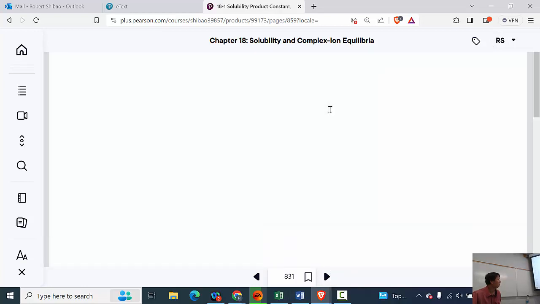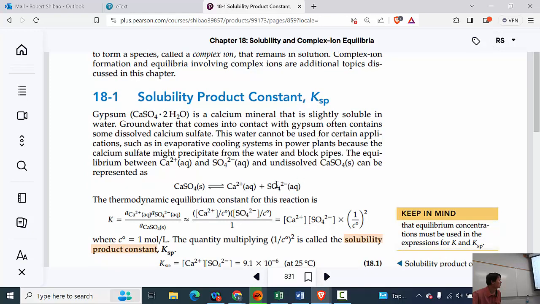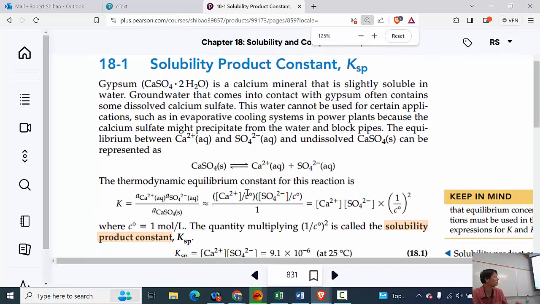So, first thing we're going to look at is the KSP, solubility product. The solubility product is just the dissolution reaction. We call this dissolution. So the forward reaction is dissolution. The reverse reaction is precipitation. And there's an equilibrium here.